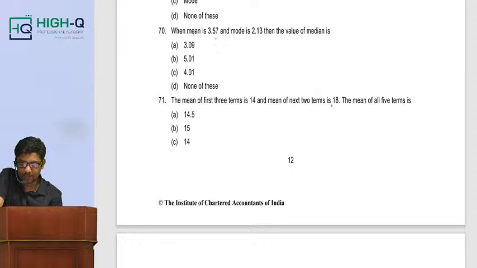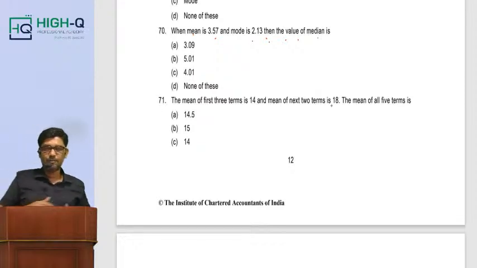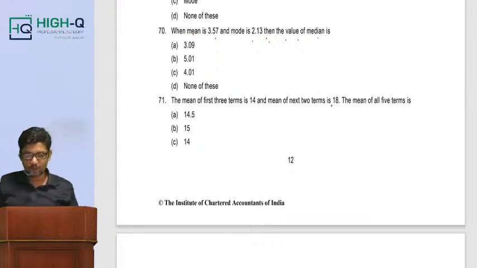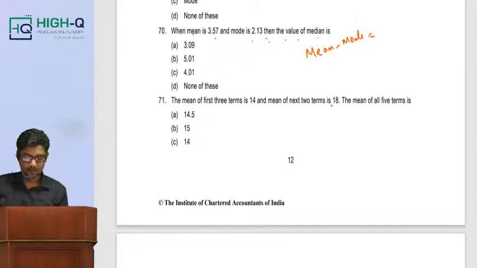When mean is 3.57, mode is 2.13, then the value of median is. So can you please use the formula, my dear? Can anyone tell me the formula? Sorry. Can you please type? Mean minus mode is equal to 3 times mean minus median.